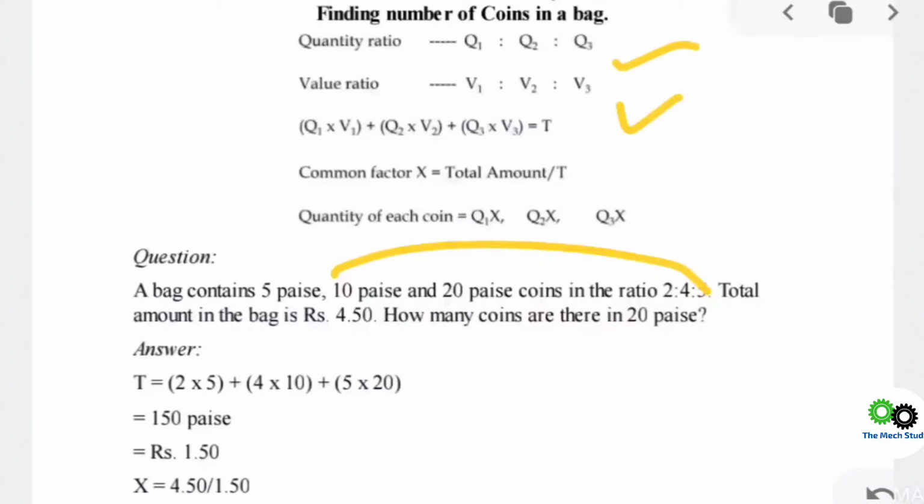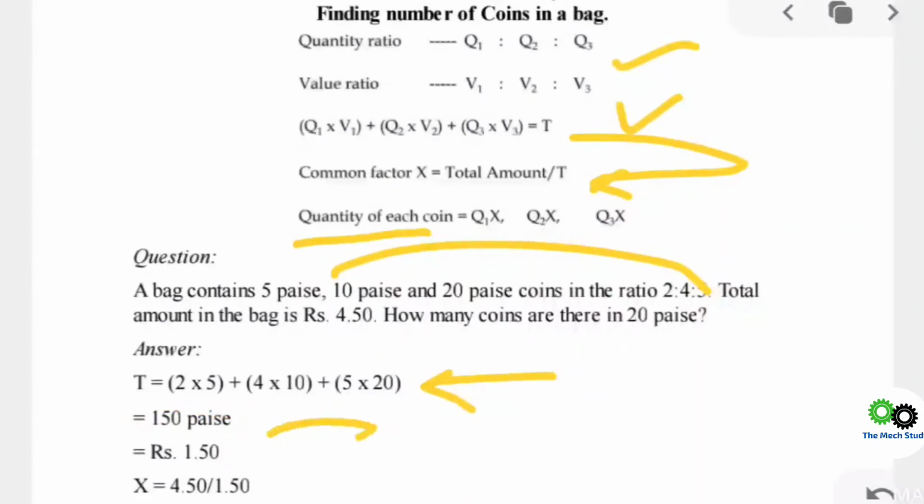So if you get the common factor x, then you need to take care of what you have calculated over here and what the total amount mentioned in the question is. Then you calculate the total quantity of each coin by multiplying Q1 x, Q2 x and Q3 x. Similarly, if you put all the data as per the question, 2:4:5, you get the total amount of around 150 paise.